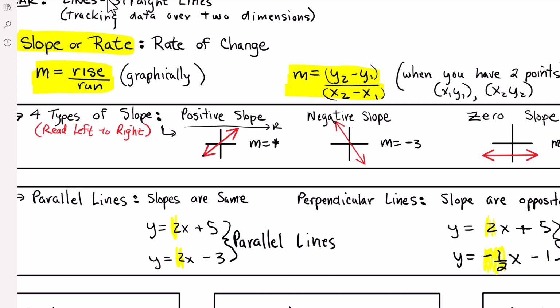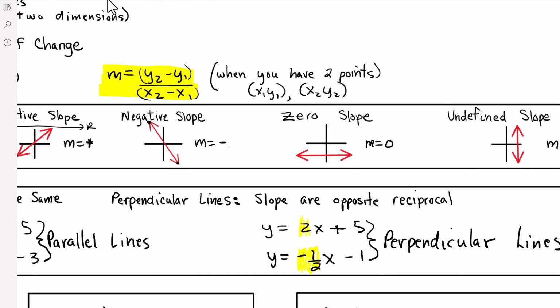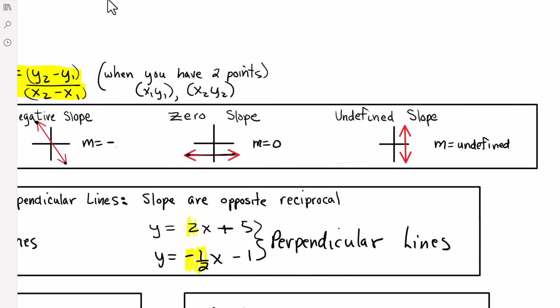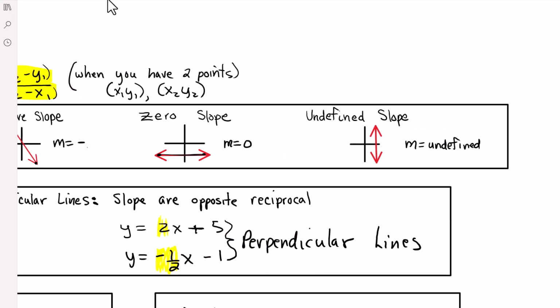And if we start here on the left, going to here, that slope is negative. And then if you start a point here and there, you go neither up nor down, and so that is called a zero slope. And when it's vertical like this, it's called undefined.